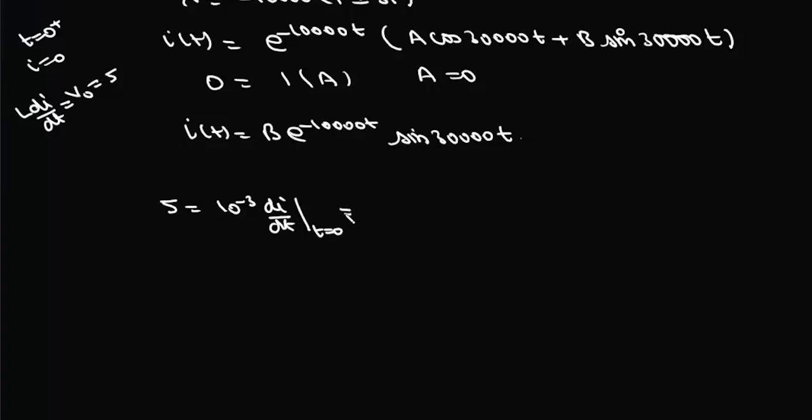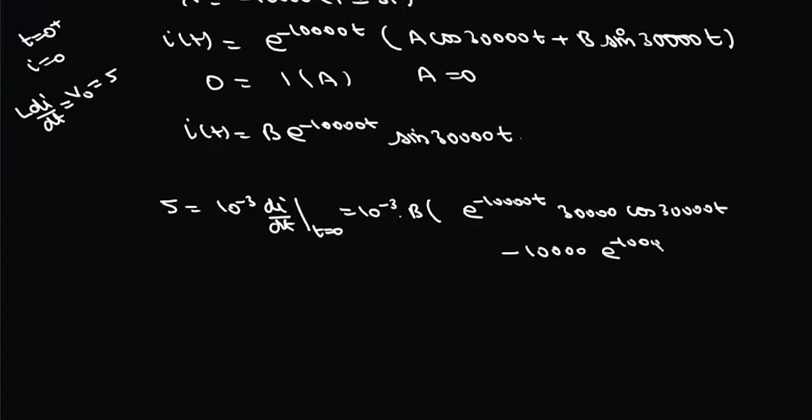So it will be 10 to the power minus 3, this is B, and then e to the power minus 10,000 t, now this is 30,000 cos 30,000 t, and then minus 10,000 e to the power minus 10,000 t sine 30,000 t.